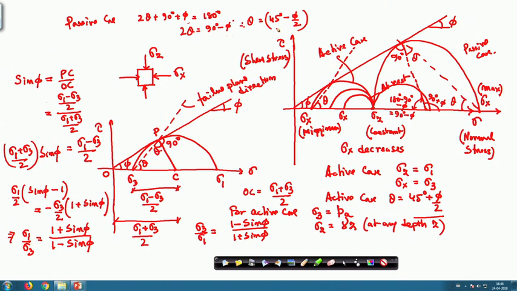So, theta will be 45 degree minus phi by 2. So, if you look at these things, for the active case, this failure plane is making an angle with the horizontal of 45 degree plus phi by 2, but for the passive case it is 45 degree minus phi by 2. So, this is also the failure plane direction.